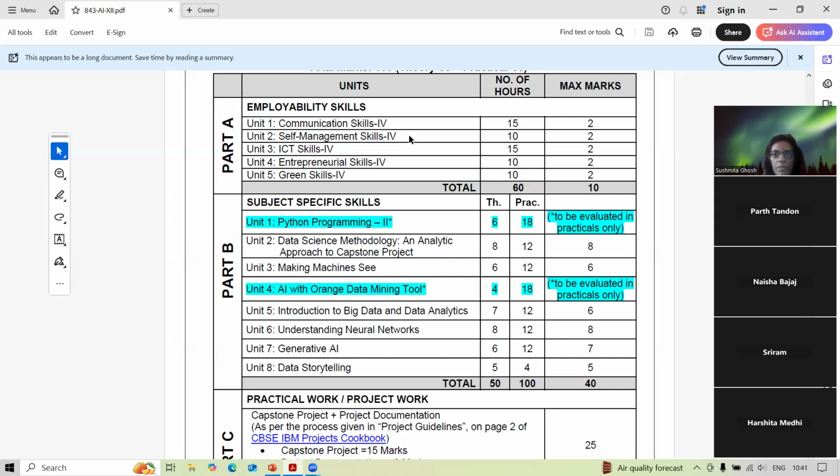That's good, because it's required in your other subjects also, and those are the skills which you'll require immediately after any college or any community you join after your school. Okay, so these are the 3 units of employability skills which you have in the July exam. So that is why I want to cover them and then move on to the subject specific skills.